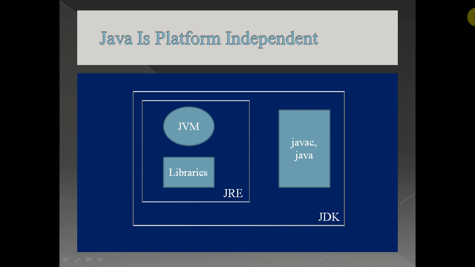And JVM is actually an abstract machine. It has no implementation. It is just a theoretical concept. To provide the runtime environment, JRE, the Java Runtime Environment, is used. Java Runtime Environment is nothing but the implementation of JVM with the Java libraries. This is JRE.